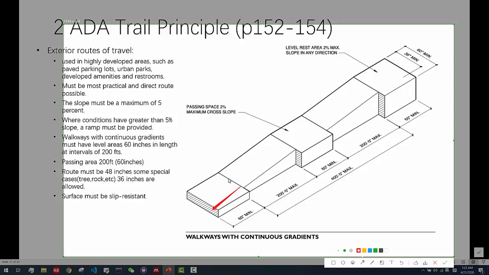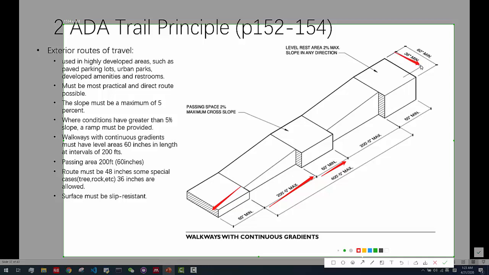So you don't want to go up immediately, and then pretty much every 200 feet you can go up, and then you need another 60 inches. So it's 60, 200, 60. That's the kind of scenario we're looking for.